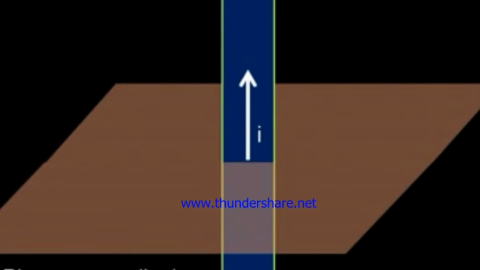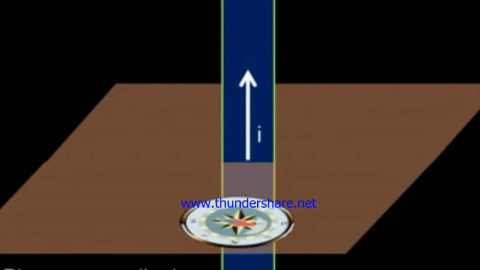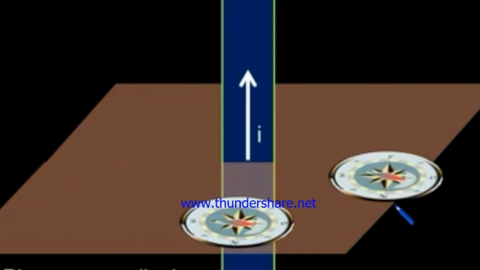If a current carrying straight wire is passed through a cardboard, a magnetic compass needle is allowed to trace its path around the conductor. It is found to be circular.